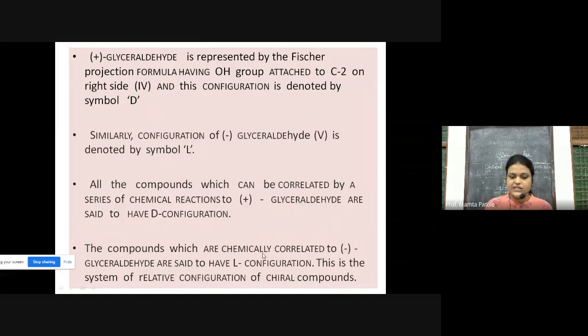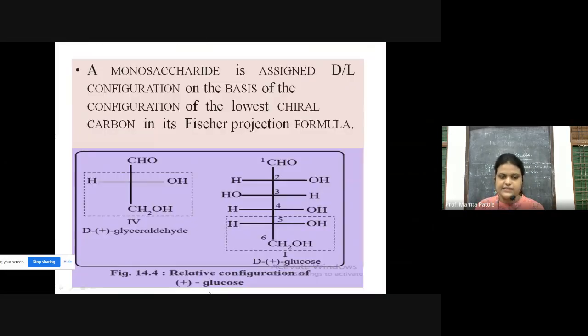The compounds which are chemically correlated to minus glyceraldehyde are said to have L configuration. This is the system of relative configurations of chiral compounds. So based on the structure of glyceraldehyde, if the OH group is towards the right hand side, we'll call it D, and if it is on the left, it would be minus or L glyceraldehyde.